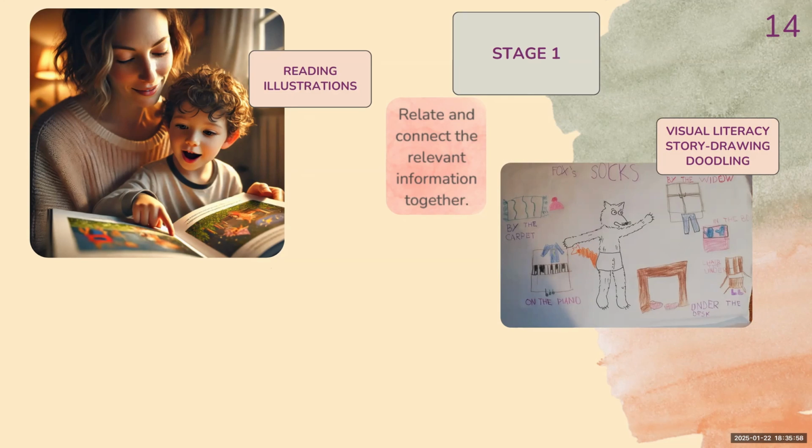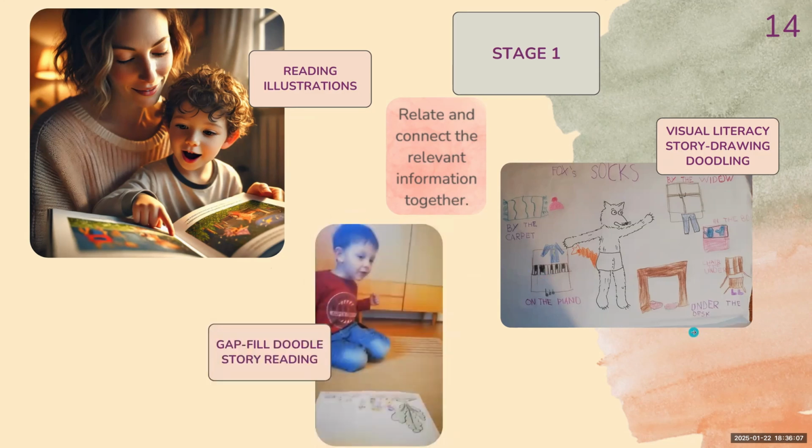Children on their own draw and connect pieces of information together with the illustrations, and then through gap-fill storytelling, they tell the story. I'm now going to share the screen with you, and I'll show you how a child gap-fill reads the story.